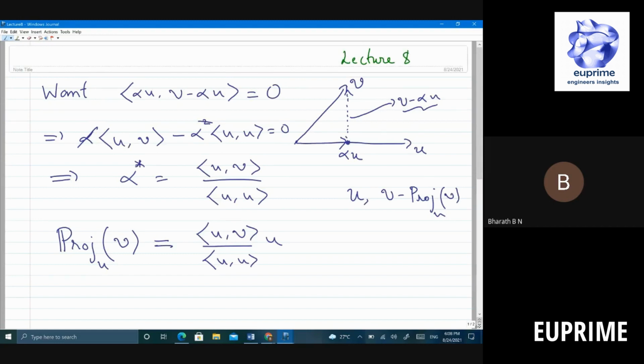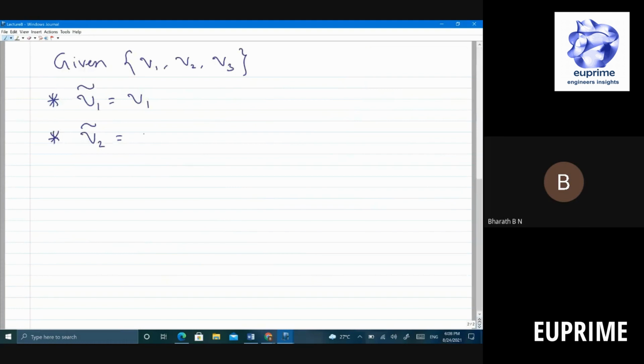It will be v2 minus the projection of v2 on v1. Well, I'll just take it as tilde, because v1 tilde is the same as v1. Is that fine? So clearly v1 tilde and v2 tilde are orthogonal. They are not orthonormal, okay? So they are orthogonal. So how do you find v3 tilde?